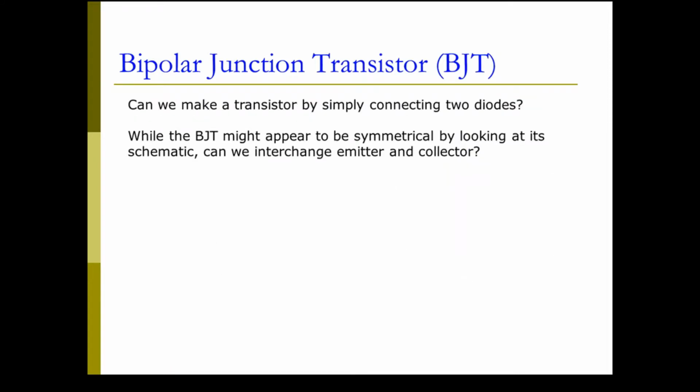Apparently, we cannot just simply put 2 diodes together to make a transistor. And even though the model looks symmetric, in reality, they are not made symmetric, which means the emitter and the collector are not interchangeable.